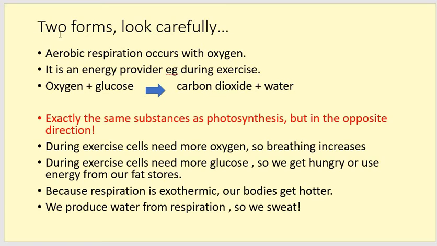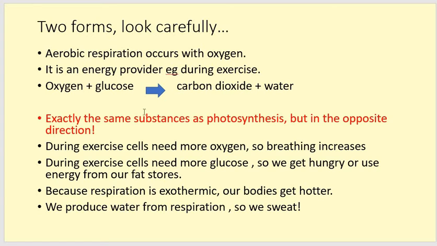Now, there are 2 types of respiration. Aerobic respiration, a bit of a tongue twister there, sorry guys, occurs with oxygen. Think about aerobics, exercises that some people do where they get very hot, they use lots of oxygen, they breathe. Okay, it's an energy provider, and oxygen and glucose make carbon dioxide and water.